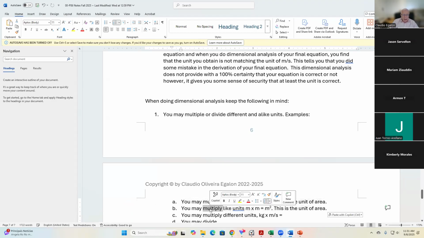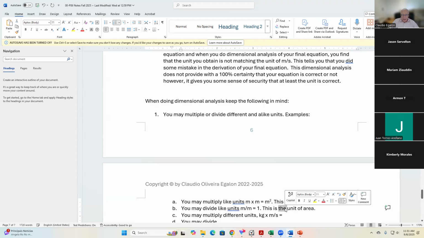You may divide like units, like meter divided by meter, okay? When you divide one unit by the same unit, you always obtain the number one, okay? This is a unitless unit.